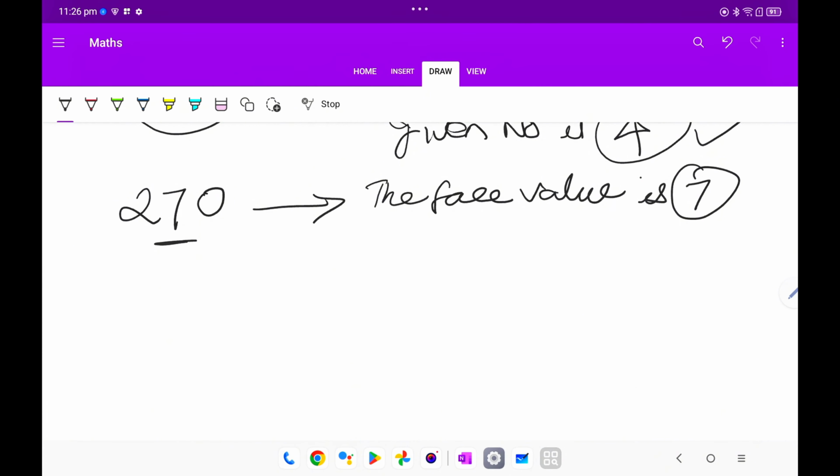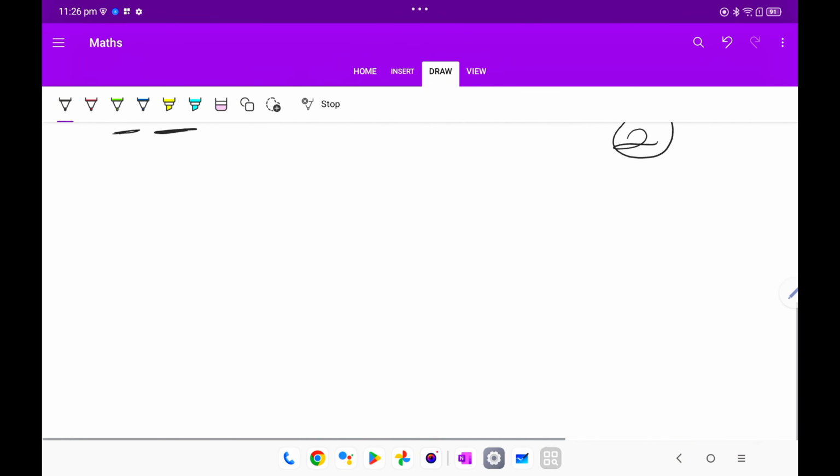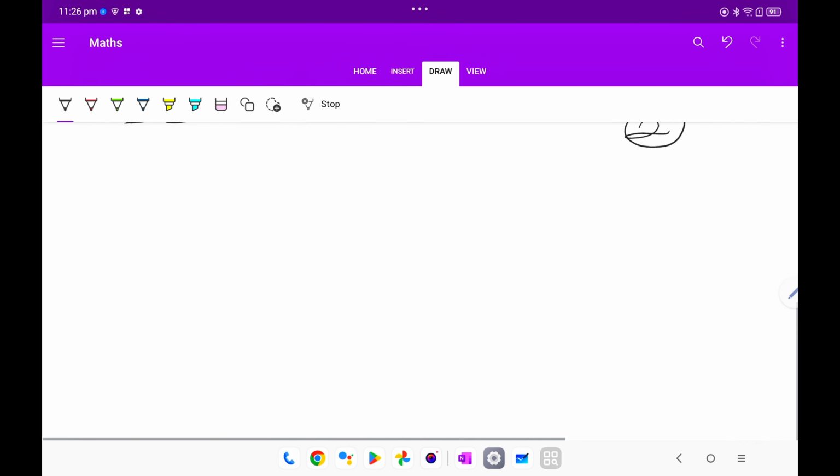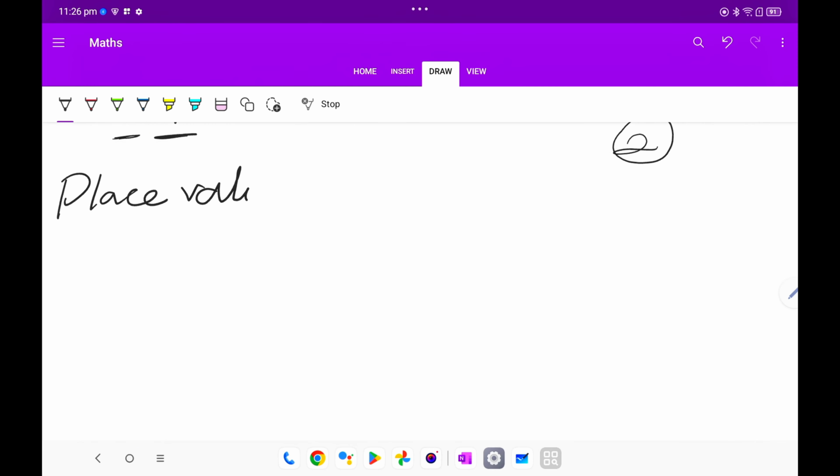Okay students, it does not change with position. Whatever number is underlined, just that number you have to mention. This is the face value. If the underline is under 2, you have to write the face value is 2. Okay, great.